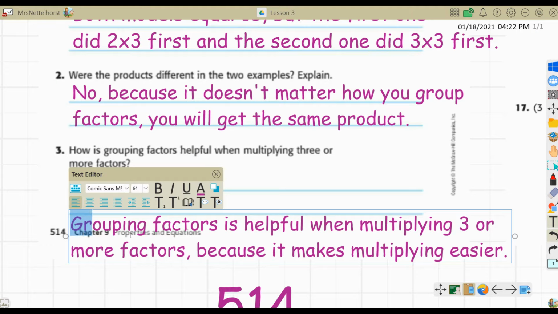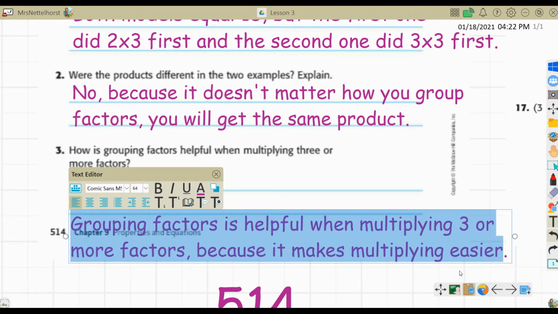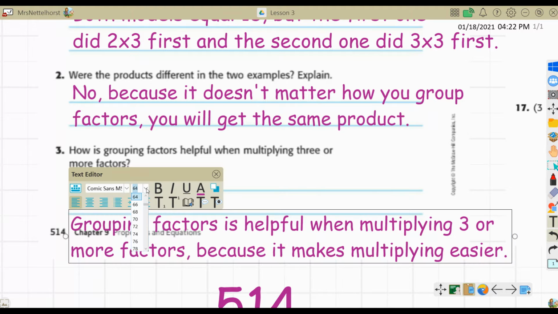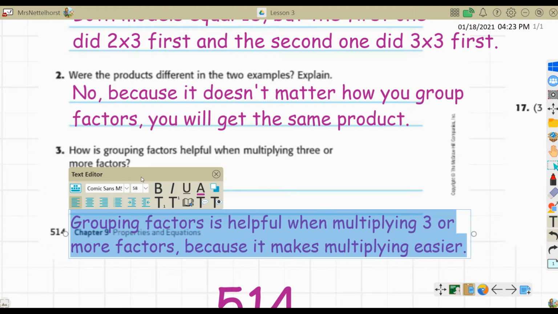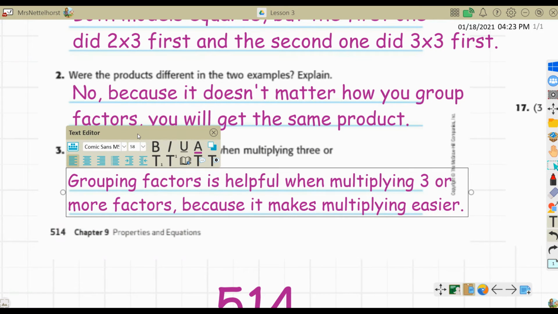Nope, no can do. It has this weird thing with highlighting when you change the size of the letters. It unhighlights it, but it still changes the size. That's pretty good. That's decent. Yeah, that works. Grouping factors is helpful in multiplying 3 or more factors because it makes multiplying easier.